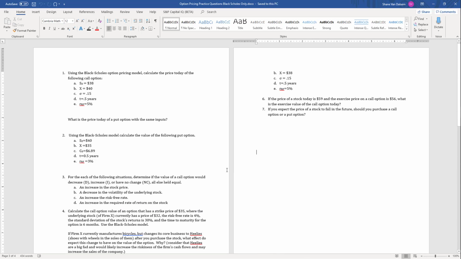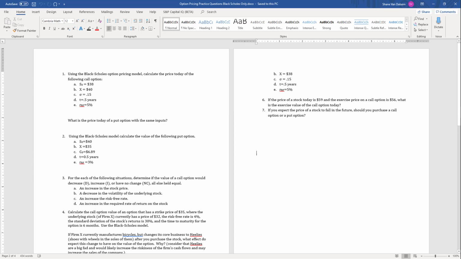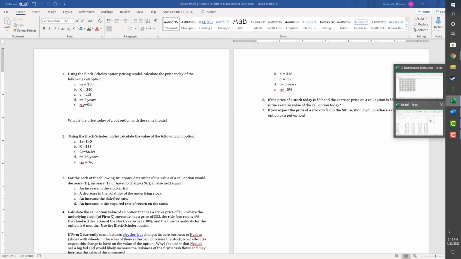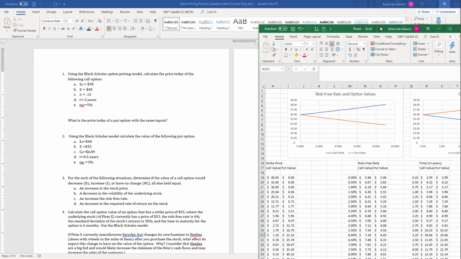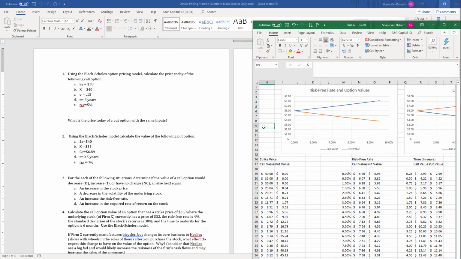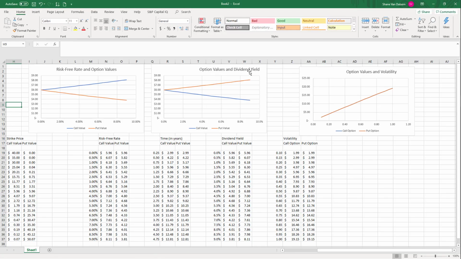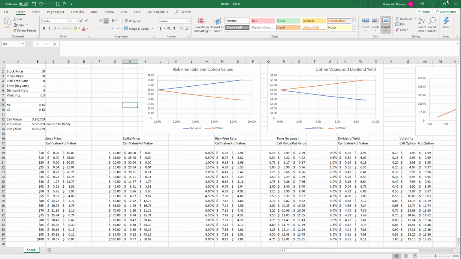So I'm just going to throw these inputs in our model that we created and show you it's going to make a slight difference and not a huge difference in our outcomes. Here we go. All right.